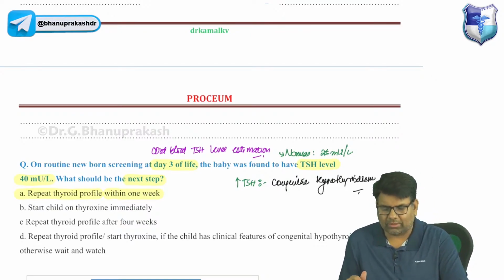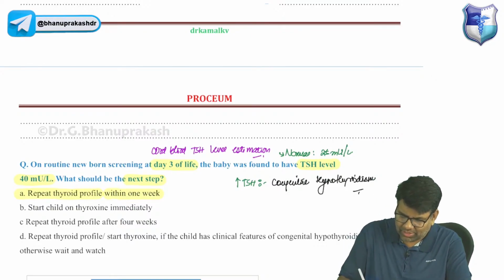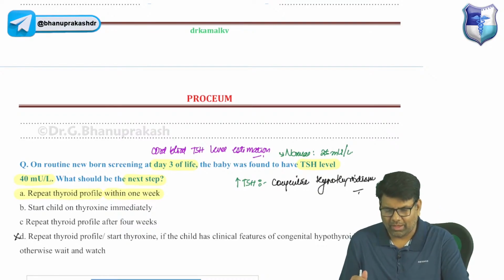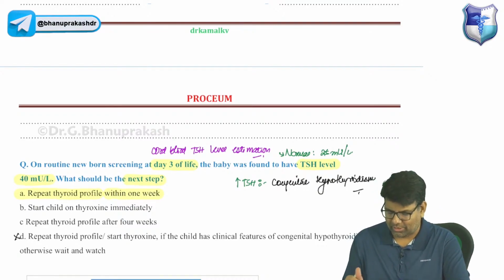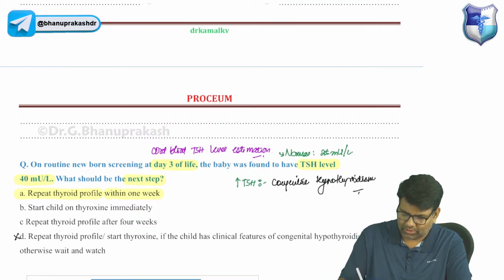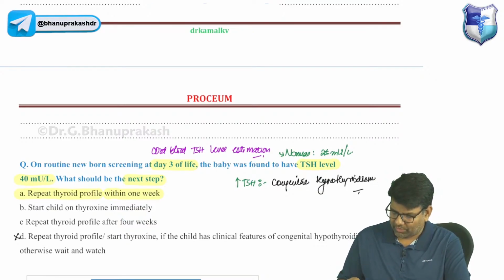So we will not start the thyroxine immediately. We will wait for some more time. Just have one more test. Let it be confirmatory, and then we can start thyroxine. Now here, this is cretinism, right?